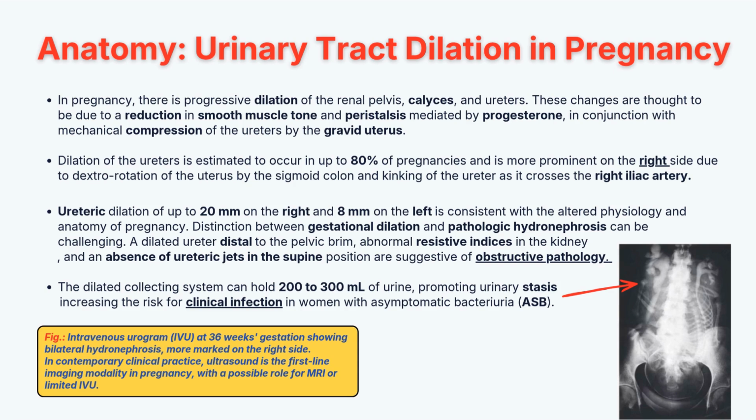The dilated collecting system can hold an additional 200 to 300 ml of urine, which promotes urine stasis. Because of this urinary stasis, pregnant women are at increased risk of bacteriuria, pyelonephritis, and other urinary tract infections. Although this IVU image demonstrates bilateral hydronephrosis, ultrasound remains the first-line imaging modality during pregnancy, with MRI sometimes used if the diagnosis remains uncertain.